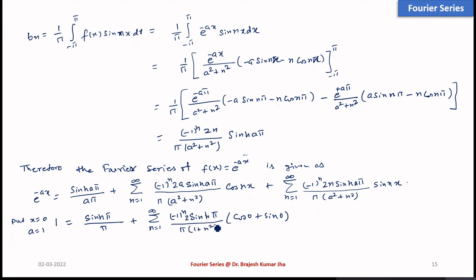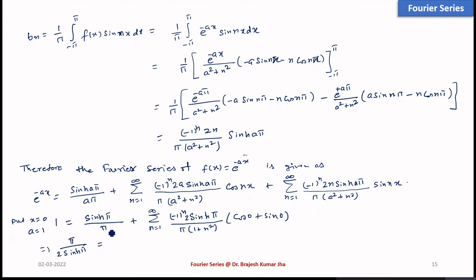Okay, sinh pi is the common, so this side you can take 1 upon sinh pi, it is common in these two terms, right? Yes. And 2 is also common, you can take 2 common here, and pi is above.